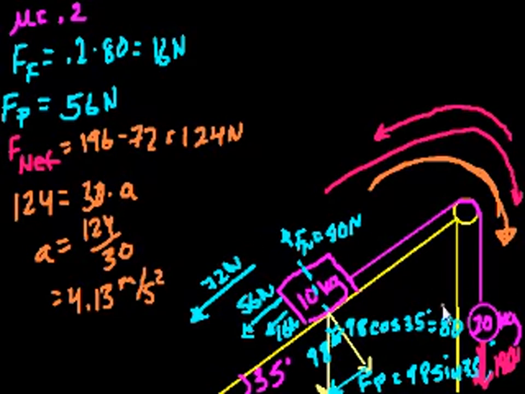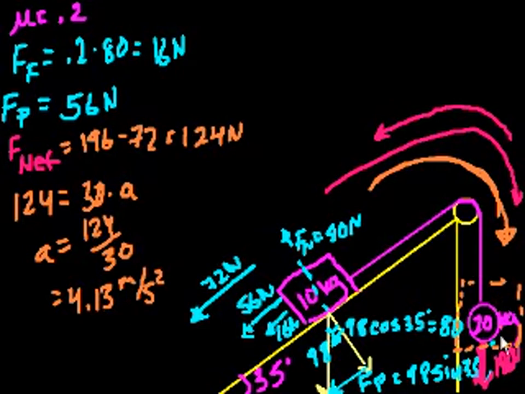Just pick one part of the system. Let's say that all we could see was this 20 kilogram mass. And we know it's suspended from a wire. And we also know that this 20 kilogram mass is not accelerating as fast as it would if the wire wasn't there. It's accelerating only at 4.13 meters per second squared.